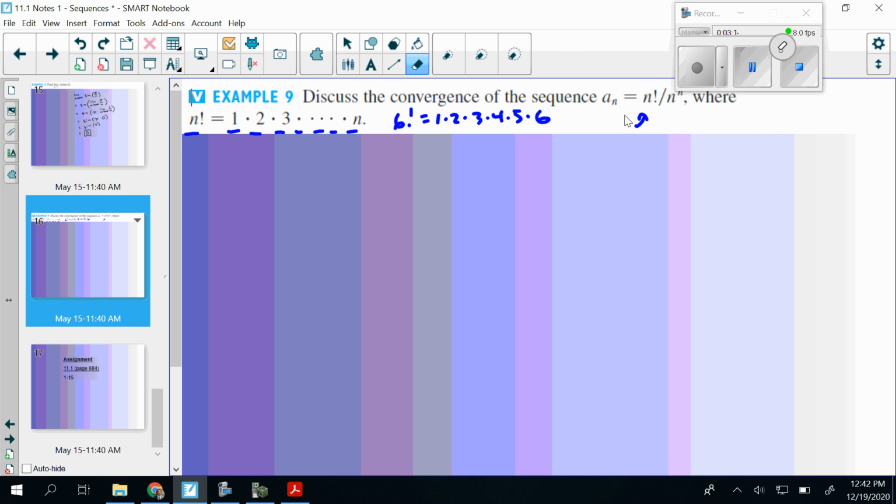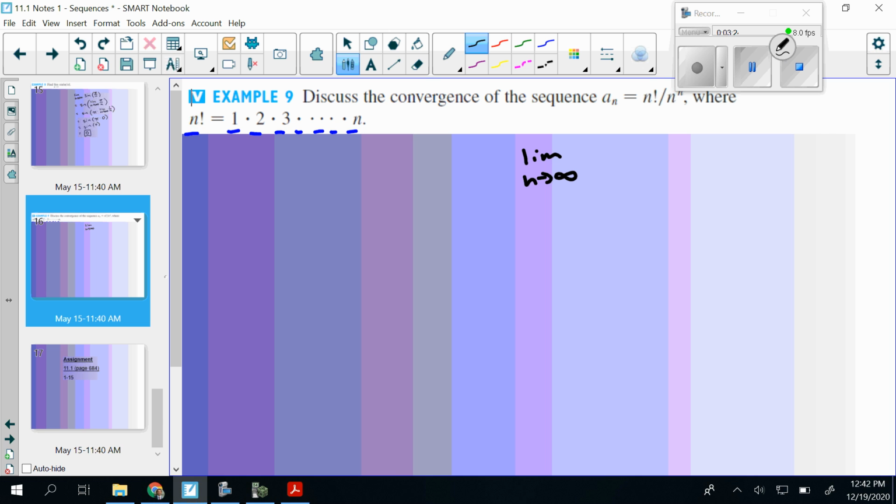Okay. So what is this sequence? If you were to write it out, we're going to do this as a limit: what's the limit as we go to infinity of n factorial over n to the n? Writing this out, on top would be 1 times 2 times 3 times 4 times 5, all the way out to n.